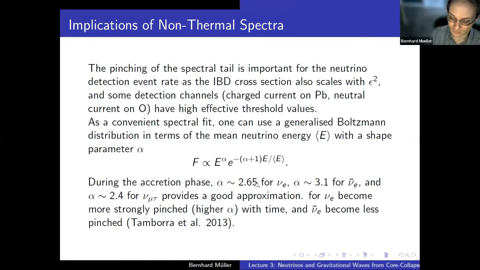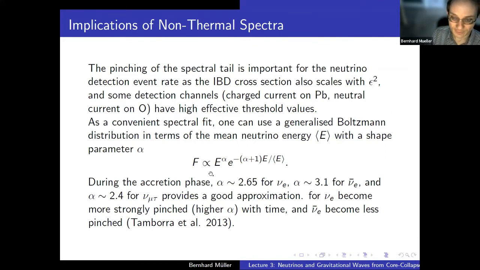So here are a few ballpark numbers for the accretion phase, and those give you a rough estimate. All these pinching parameters tend to become a little more similar at later times, but the electron neutrinos always tend to be the most strongly pinched one, even if that pinching goes away later. The other flavors do become more similar to the electron neutrinos at later phases.